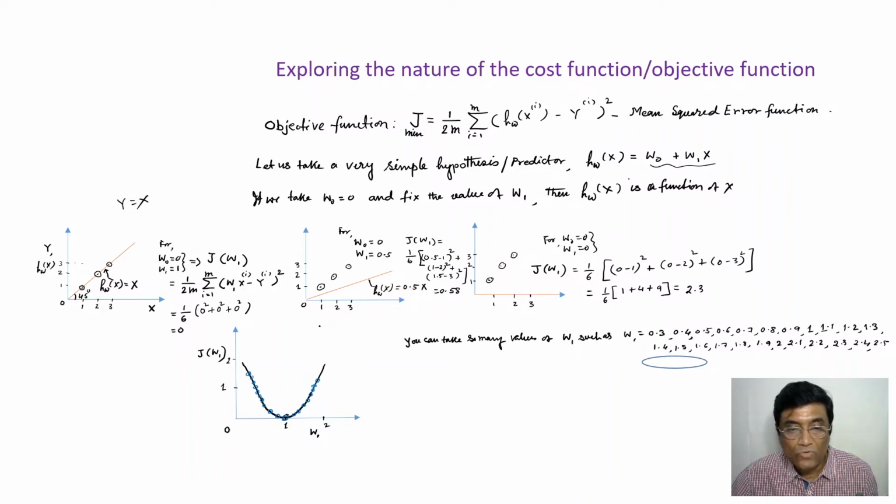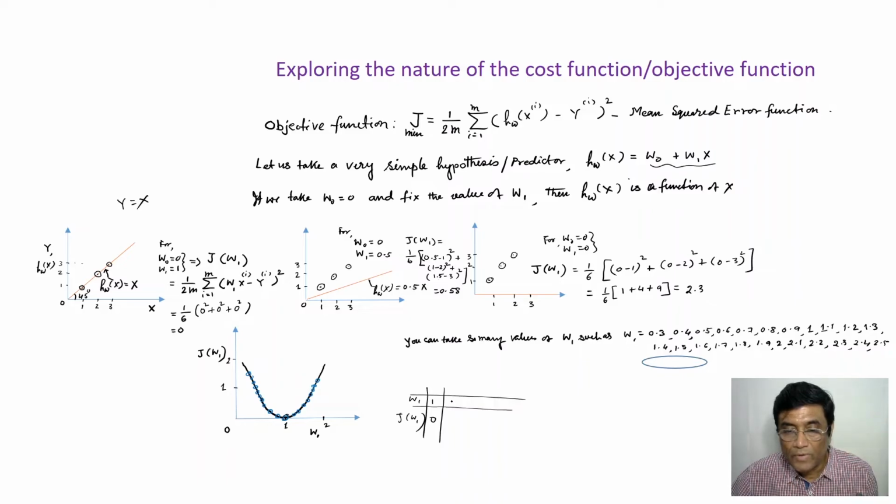So keep this, and you go on keeping. So you have W1, you have J(W1), and you have different values of W1. When W1 was 1, you got 0.